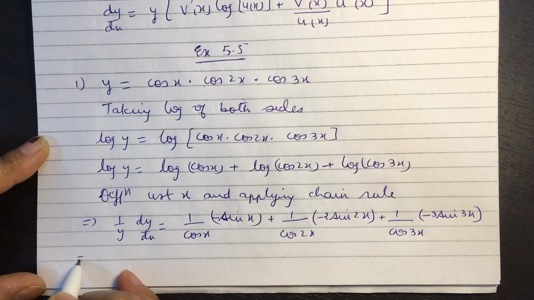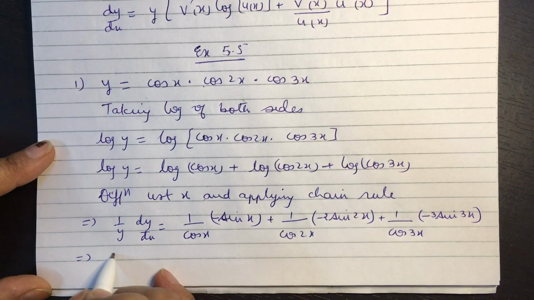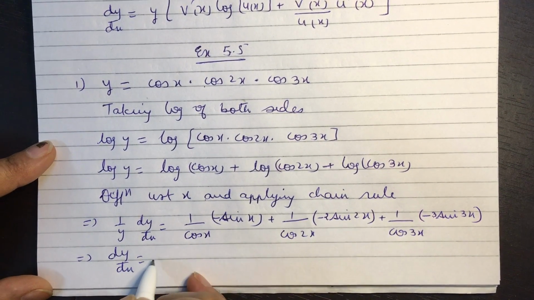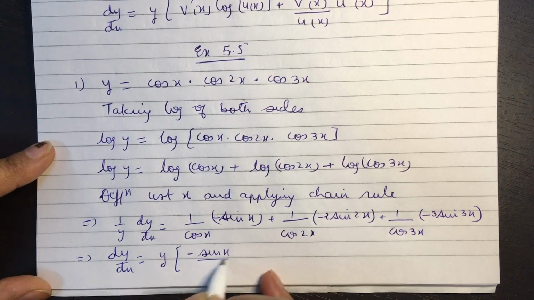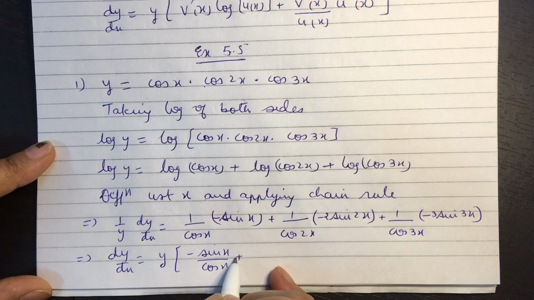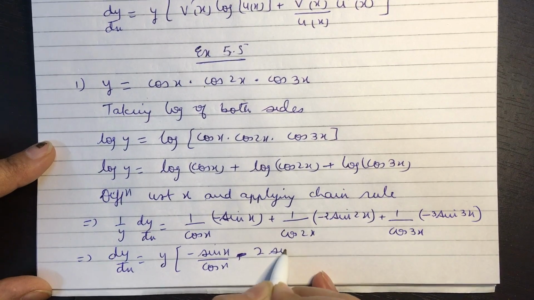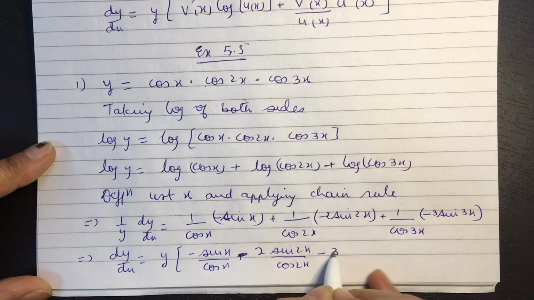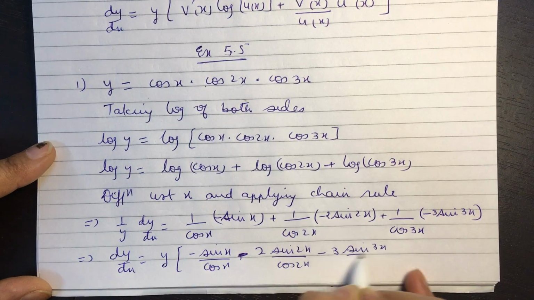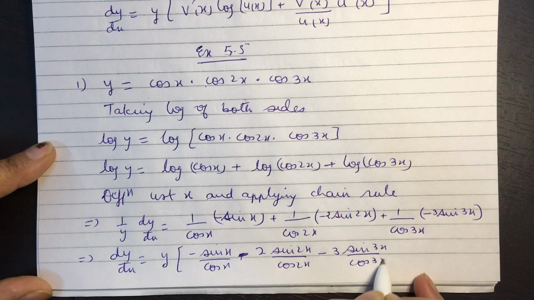And so you get the result: dy by dx is equal to y times minus sin x over cos x minus 2 sin 2x over cos 2x minus 3 sin 3x over cos 3x.